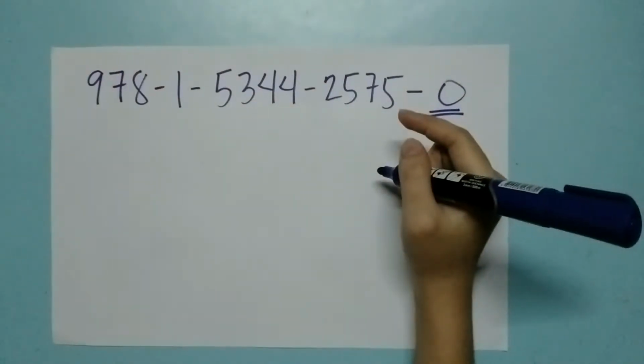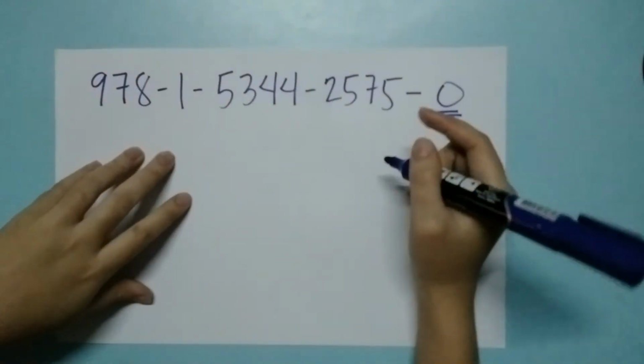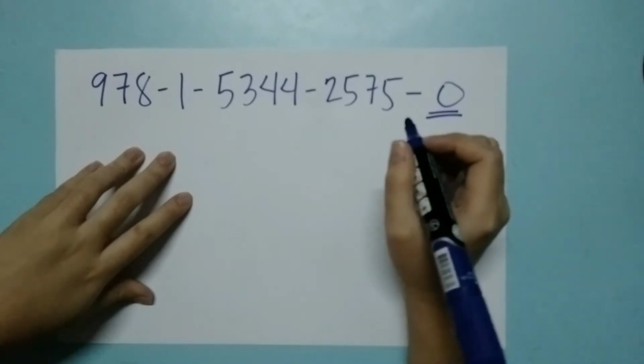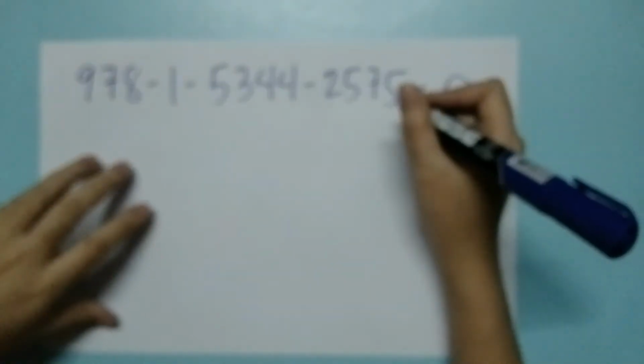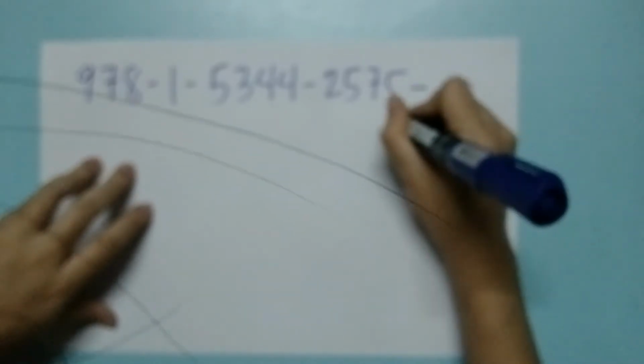So our algorithm here is 131313 and so on. So now we're going to multiply this by 1313. So let's start here.